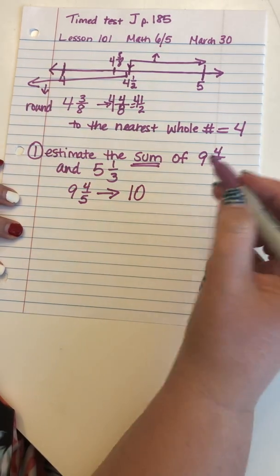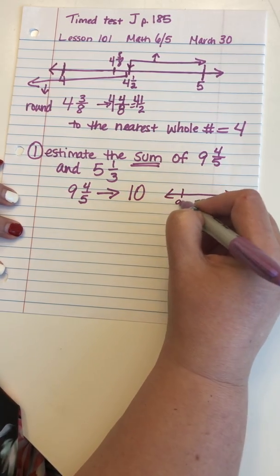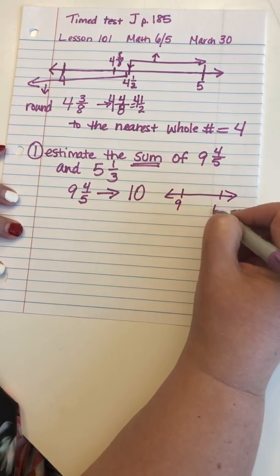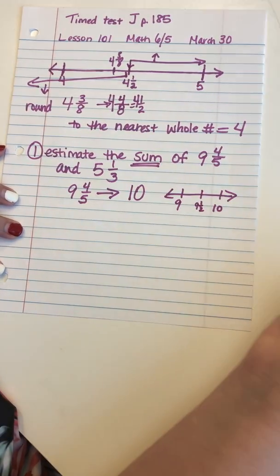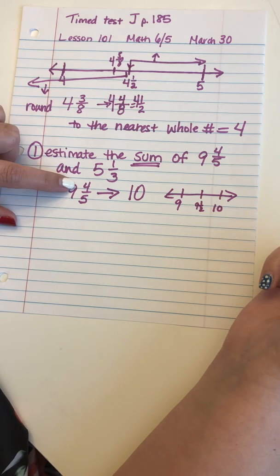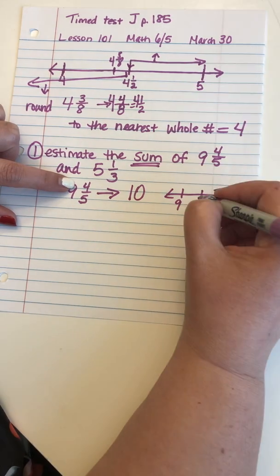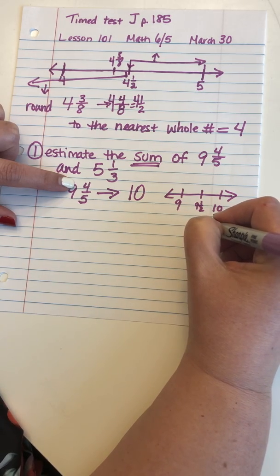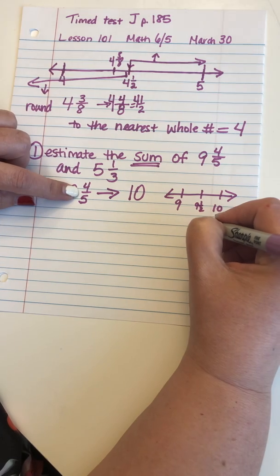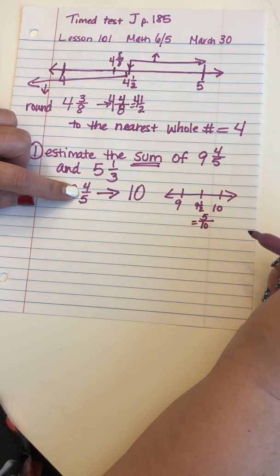If you need to draw that on your number line, you would draw a number line out to the side, put 9, put 10. Your halfway would be 9.5. Then you would determine where 4/5 would go. The best way would be to turn it into a fraction equal to half, which would be something over 10, which we know would have to be 5 over 10 in order to equal 1/2.